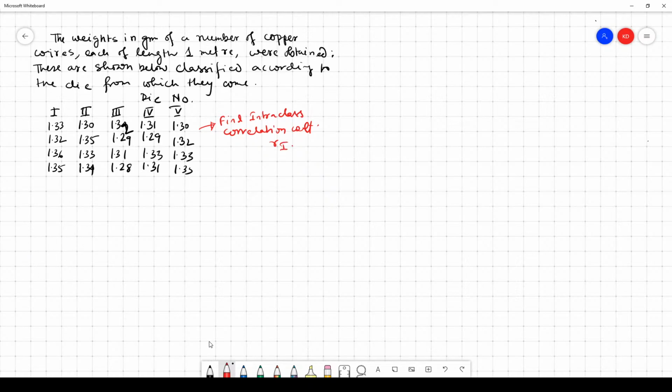So we know the intraclass correlation coefficient is invariant, that means unchanged, under a change of origin and scale.